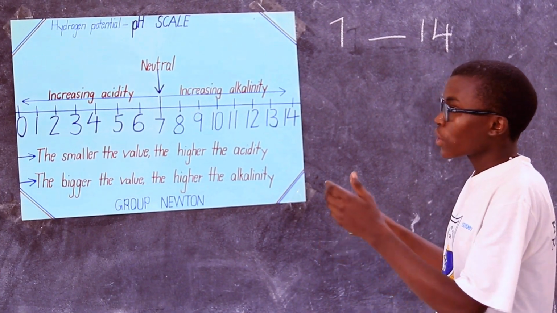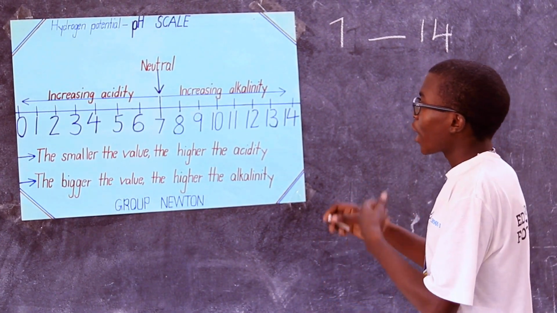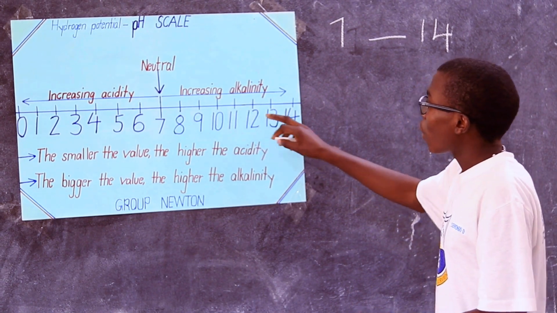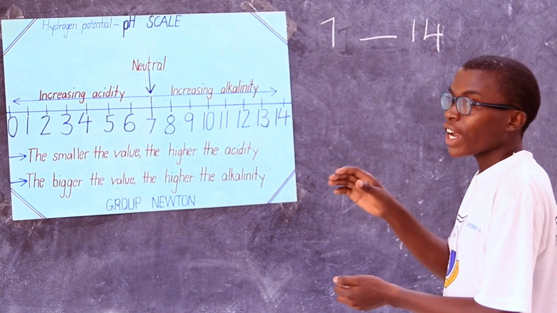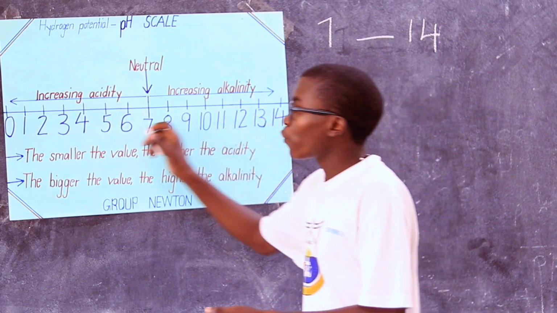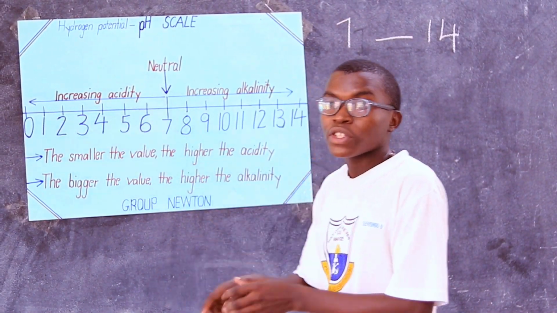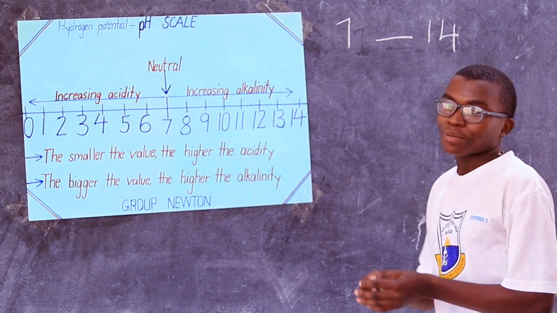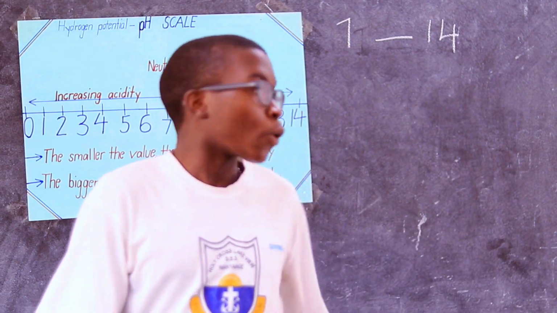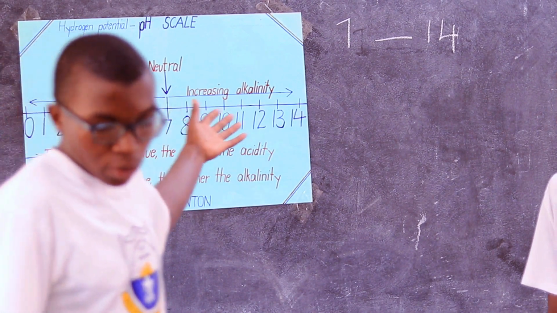For example, if you test your soil sample and you have a value of 11, 12, 13, or 14, it is highly alkaline, and if you have a value of 1, 2, 3, or 4, these values are low, which means it is highly acidic. Then this is what we carried out to confirm what the pH scale is showing us.